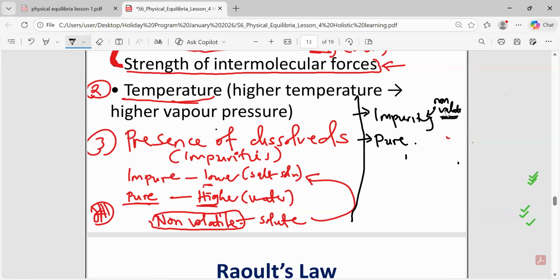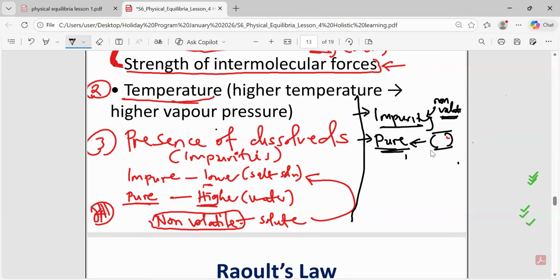Because if we put a volatile substance, we also contribute. So we need to use a non-volatile solute in that liquid. So we're comparing a pure substance and an impure substance where we have added a non-volatile solute. Which one has a higher vapor pressure? The one with a higher vapor pressure is the pure one.